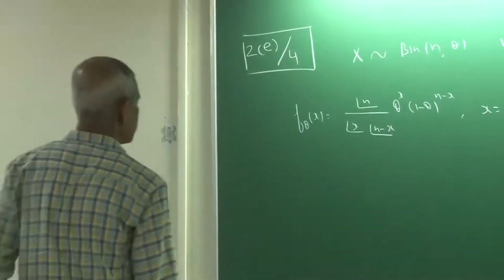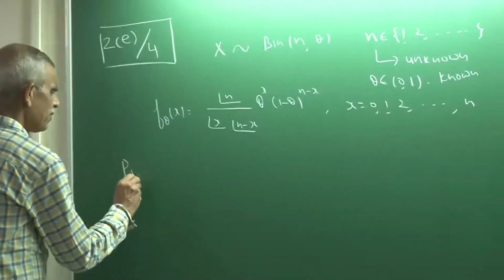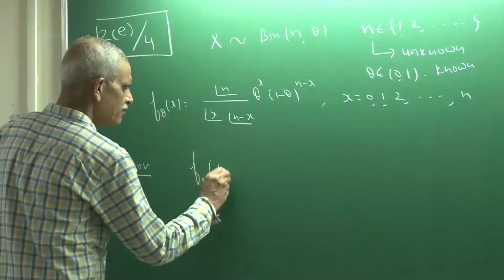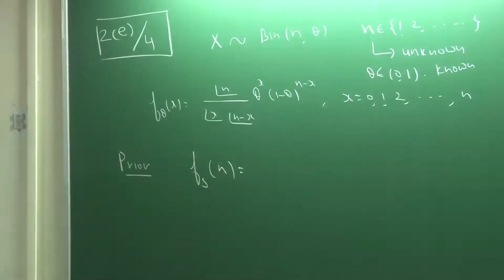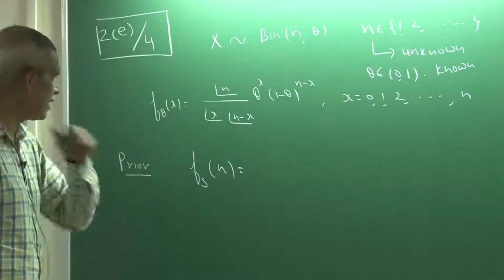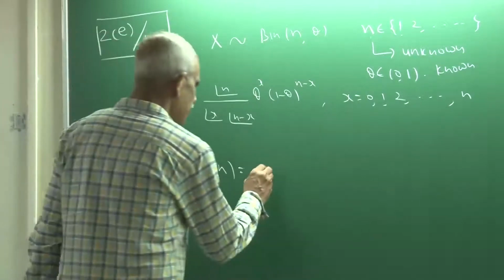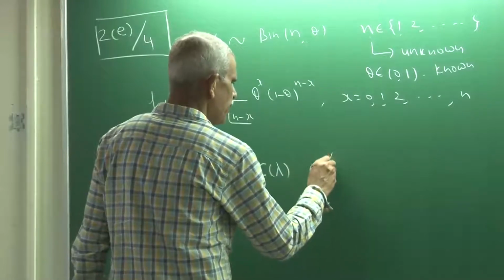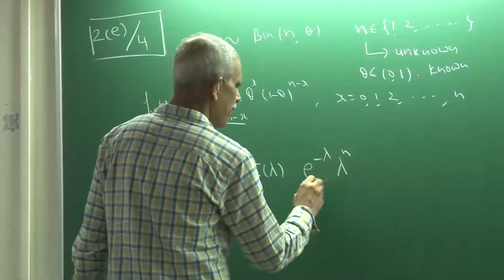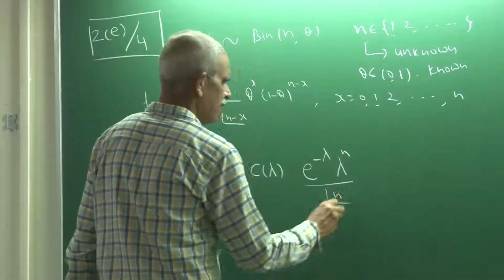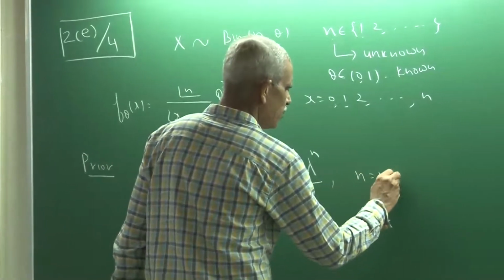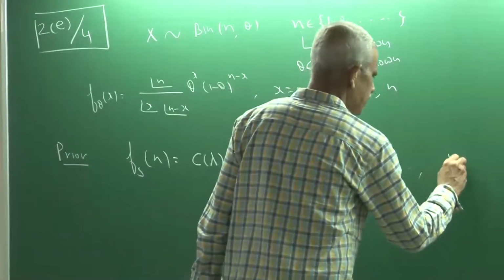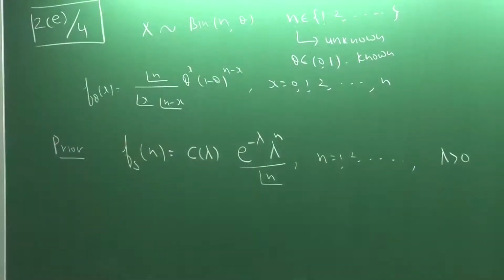So this suggests that I should consider my prior, f_S(n), the distribution of the random variable S at the point n, to be c(lambda) e to the power minus lambda, lambda to the power n by factorial n, for n equal to 1 and so on, where lambda is a given positive constant. I can consider this to be the prior.